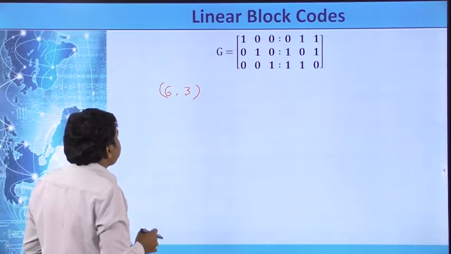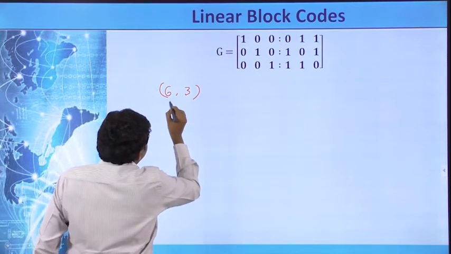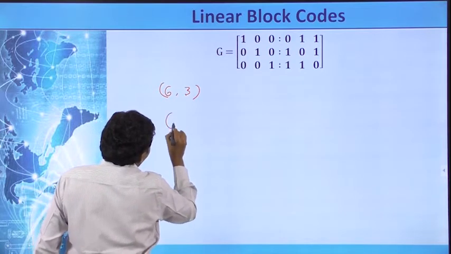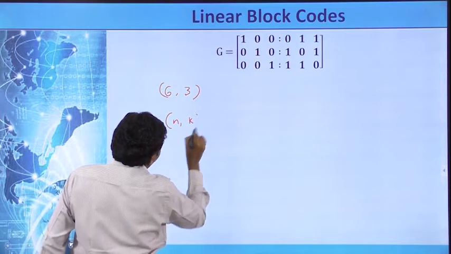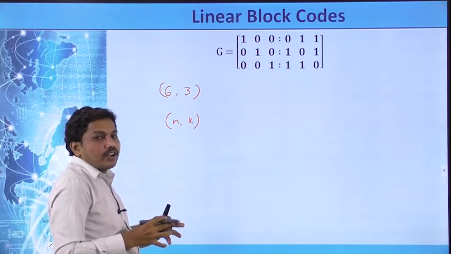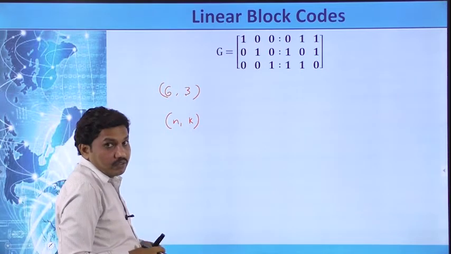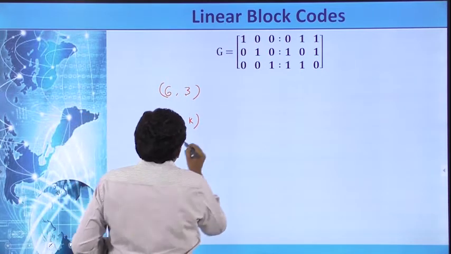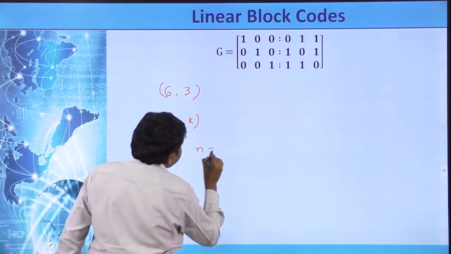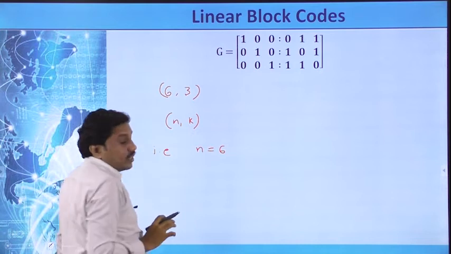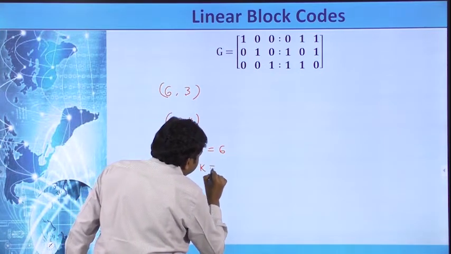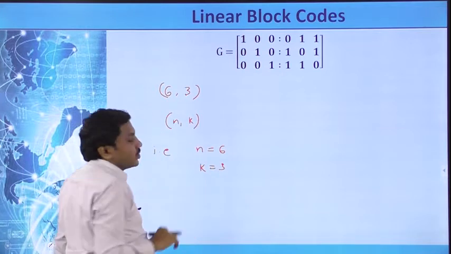Always remember, a block code is represented in the form of n comma k. So here n equals 6, that means the length of the code word, and k equals 3, so the number of message bits is 3.